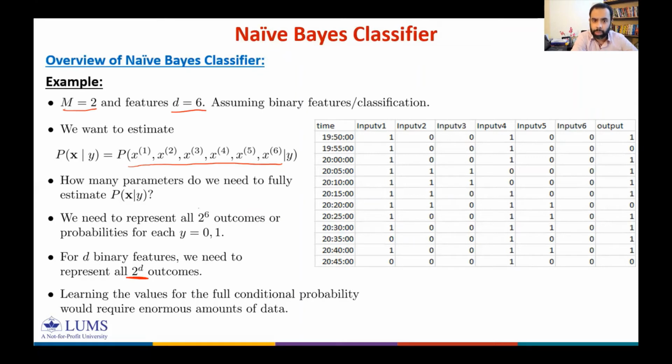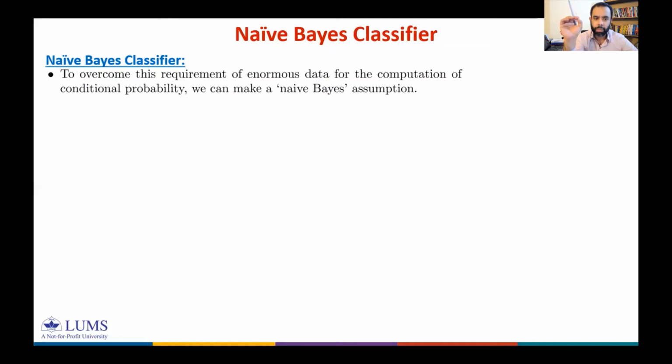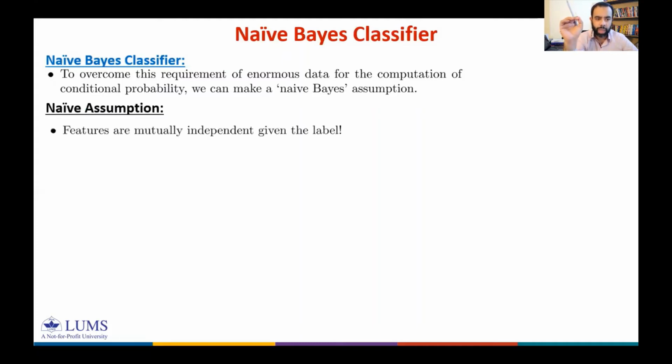To overcome this problem, we make a naive assumption, which we did last time as well, right? If you recall the previous example, what was the assumption we took? And we call that assumption the naive assumption. That naive assumption is that we assume the features are mutually independent given the label.